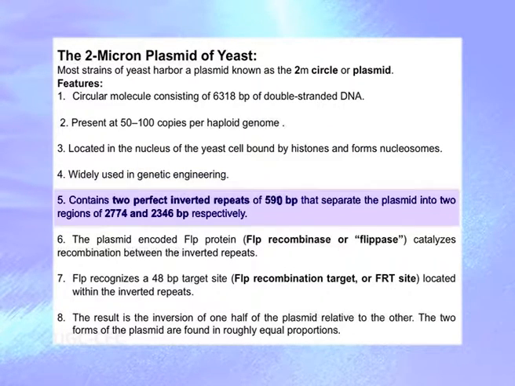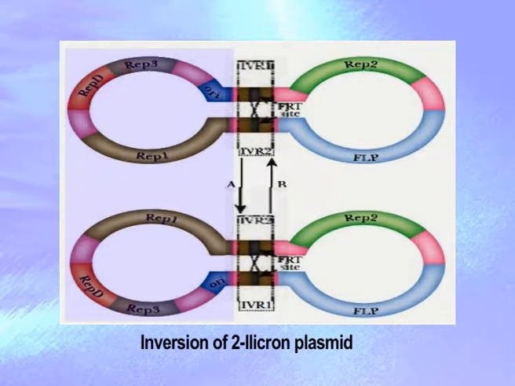It contains a perfect repeat of 590 base pairs, separating the plasmid into 2 regions, and the plasmid-encoded FLP protein, which is called flippase, catalyzes the recombination between these 2 inverted repeats, as a result of which one half of the plasmid is inverted relative to the other.